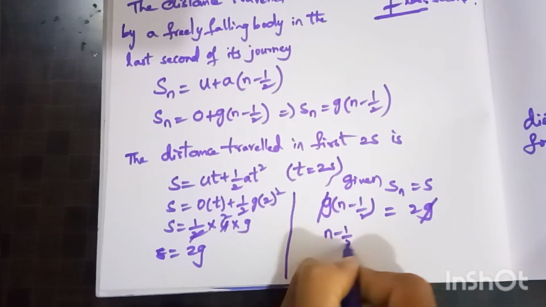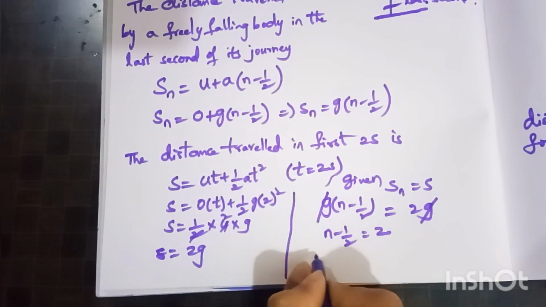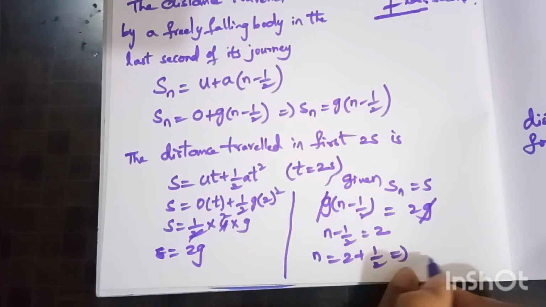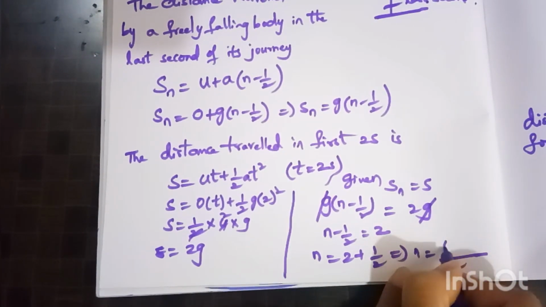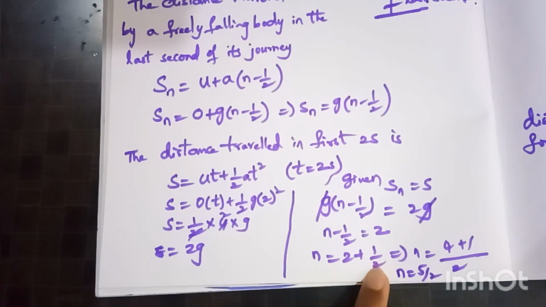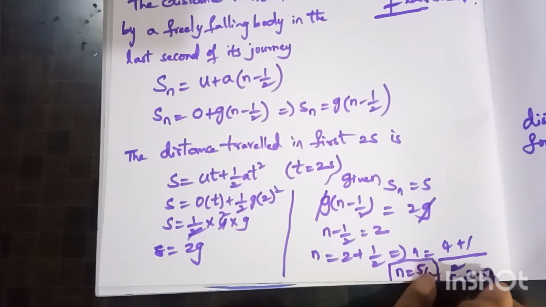n minus 1 by 2 equals 2. Send minus 1 by 2 to the right hand side; it becomes 2 plus 1 by 2. What do we get here? LCM as 2, 4 plus 1, so n equals 5 by 2. 5 by 2 can be written as 2.5 seconds.